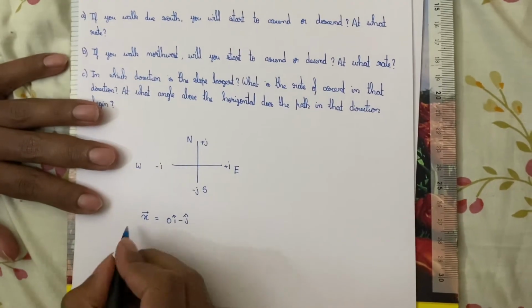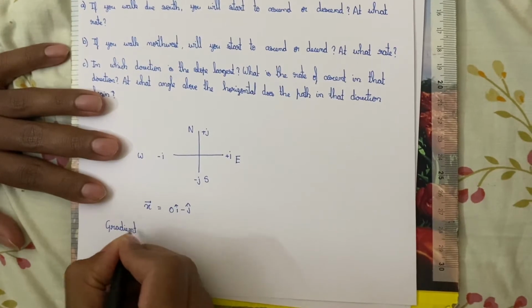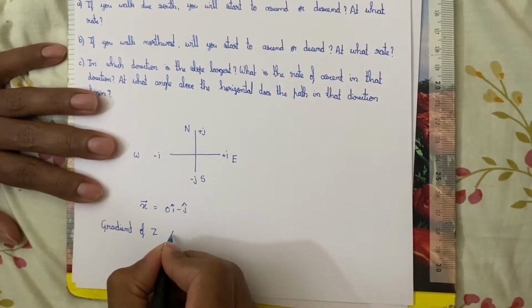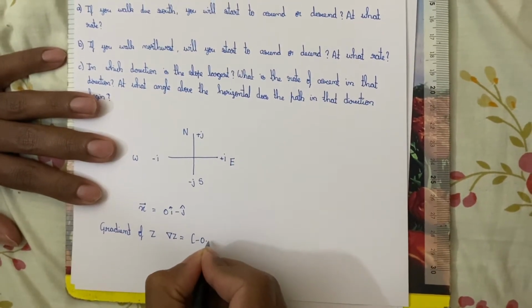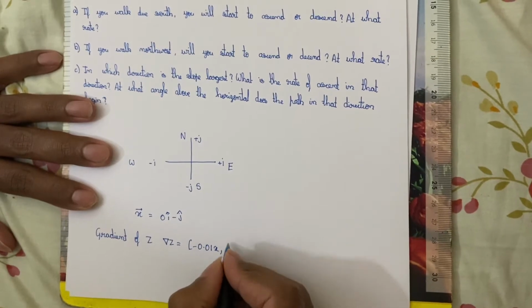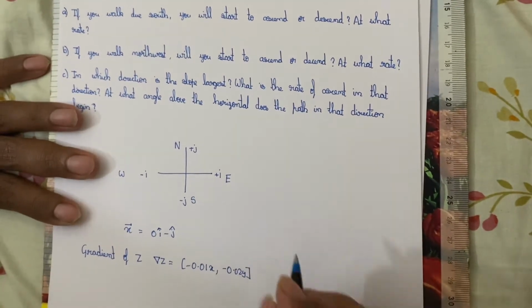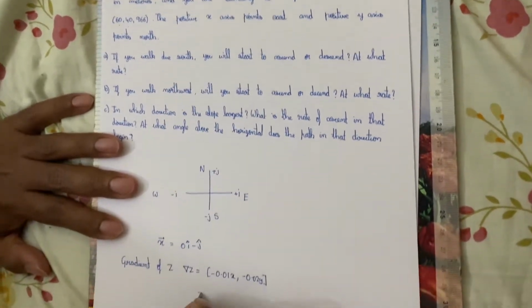So the gradient of z will be minus 0.01x, minus 0.02y. Now let us substitute the values of x and y in this place.